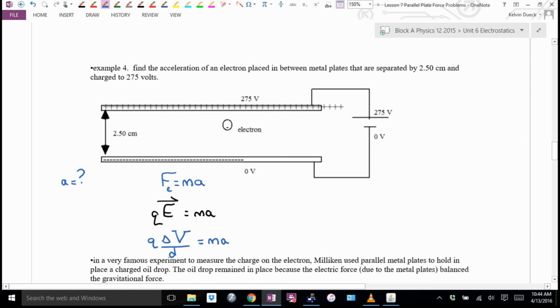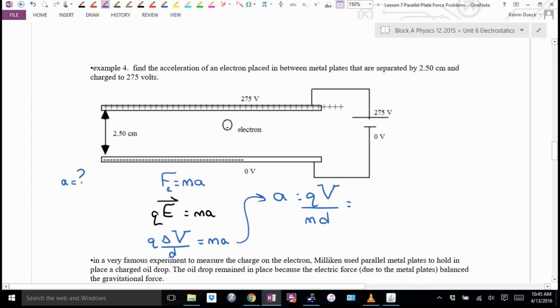I've stopped writing vectors now because which way did you guys say this electron is going to accelerate? Up. I got the direction. Speaking of accelerate, how would I get the a by itself? So the acceleration here is going to be the charge times the voltage divided by the mass and the distance.